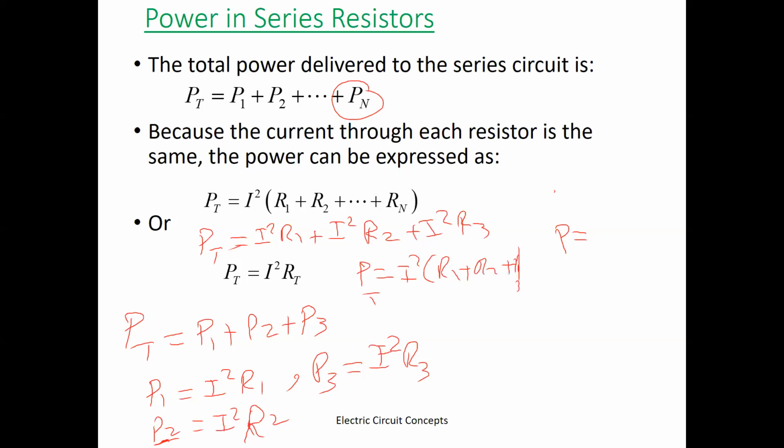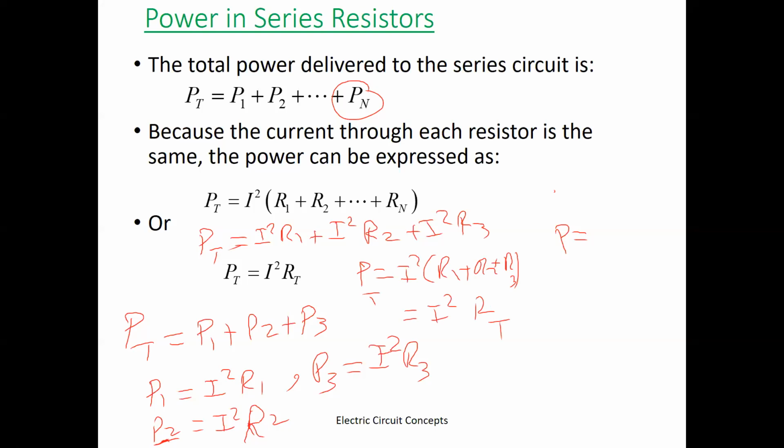Now, if you remember, we defined R1 plus R2 plus R3 as RT, our total. So if we add R1 plus R2 plus R3 plus R4 and so on, this is the RT. So again, this will be I squared RT.